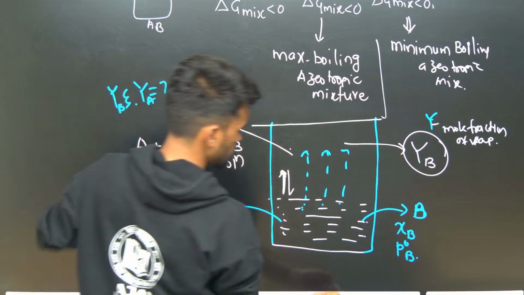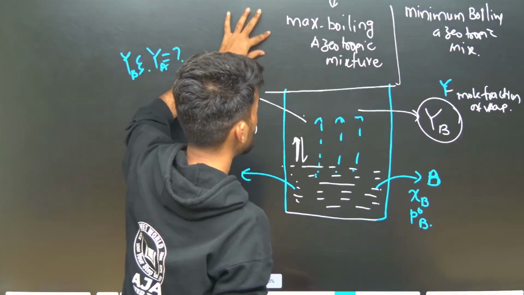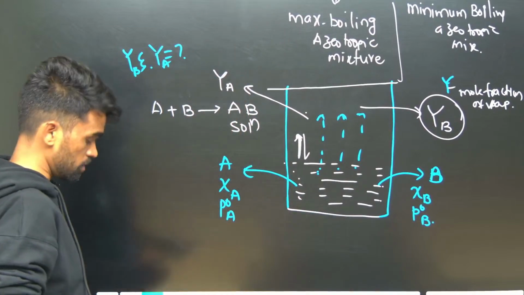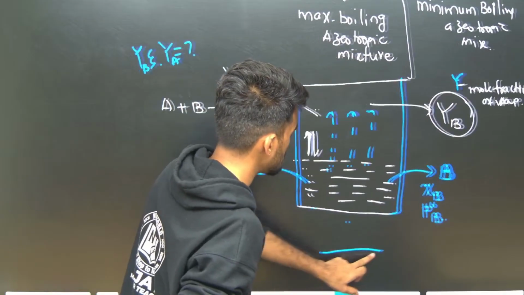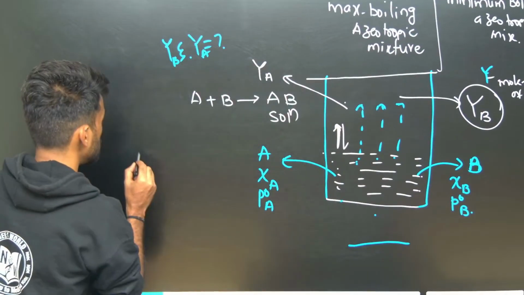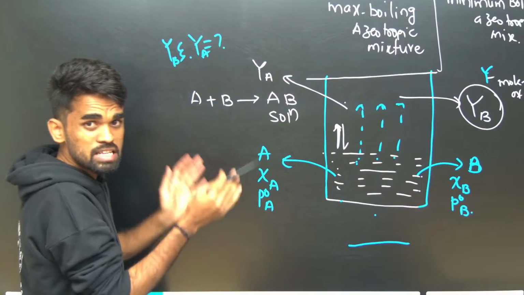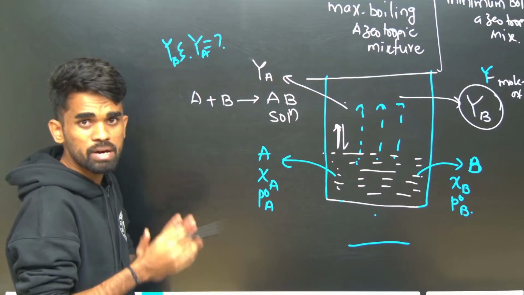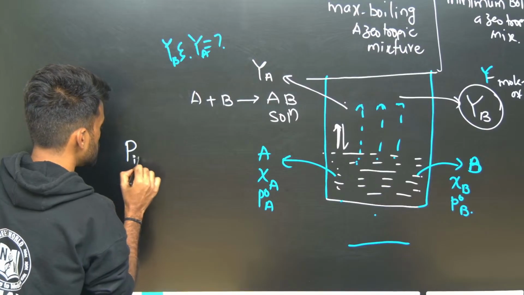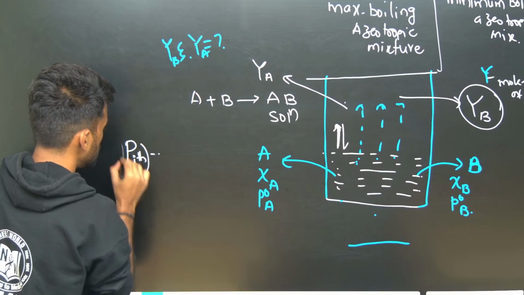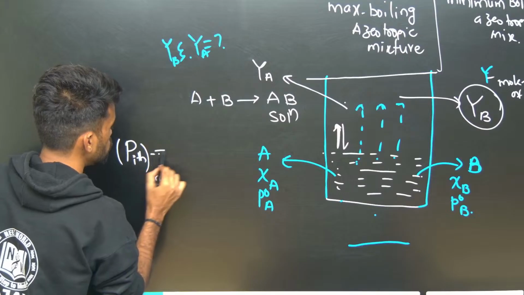Okay, so for this we need to recall Dalton's law. So what is Dalton's law? See, if a gaseous mixture is made up of some n number of gases, the partial pressure of the ith gas is equal to, what we will write?